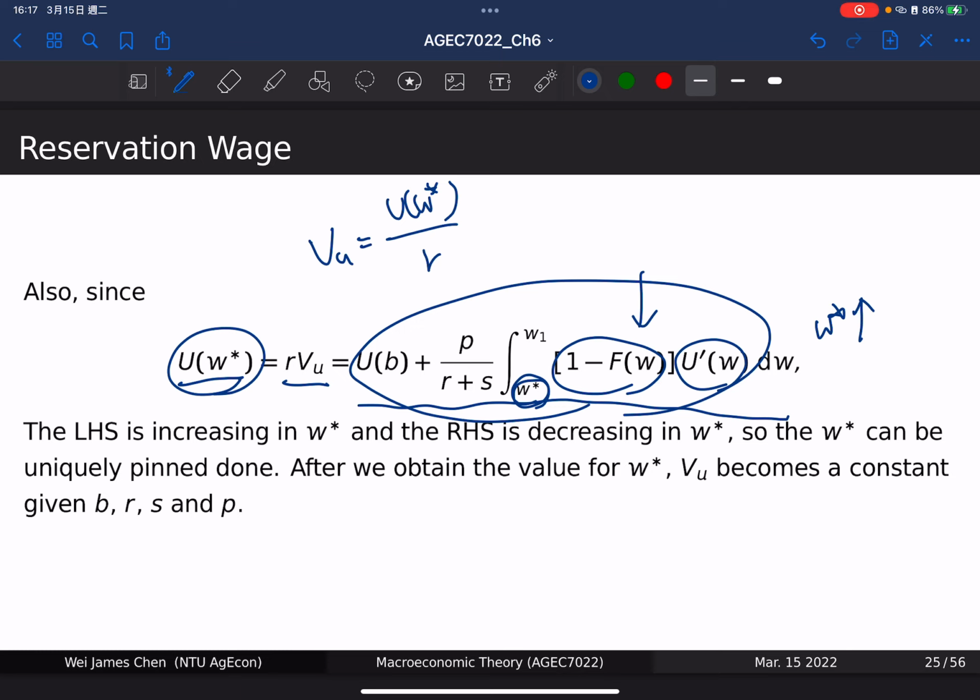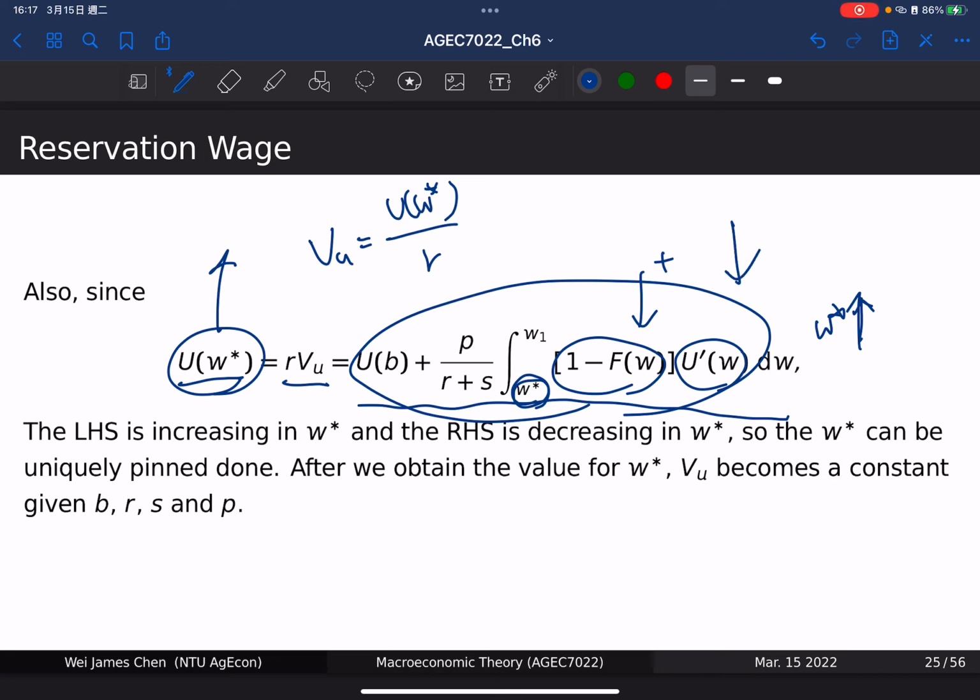So the whole thing is positive. If you integrate a positive function and the integral range becomes smaller, the whole thing has to be smaller. At best it doesn't change, if the function is 0. So if you increase w star, this right-hand side is actually decreasing. The left side is increasing with w star, and the right side is decreasing with w star.